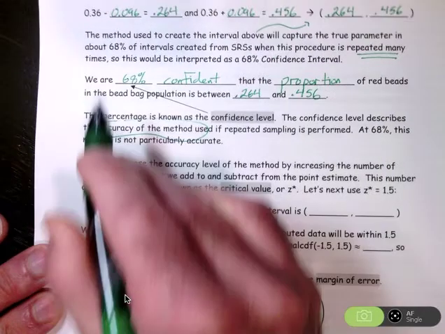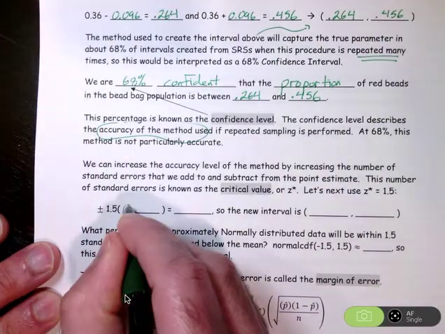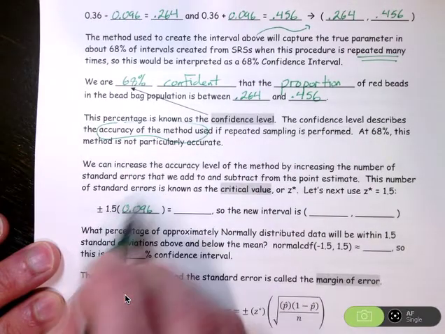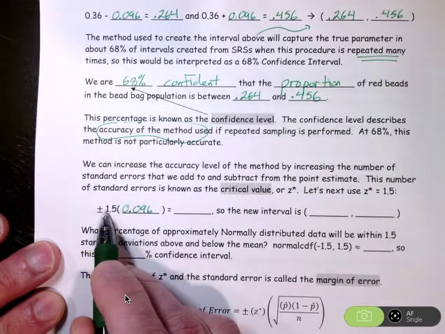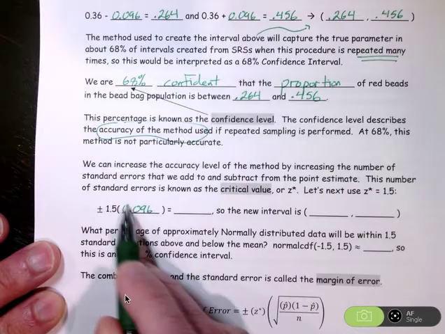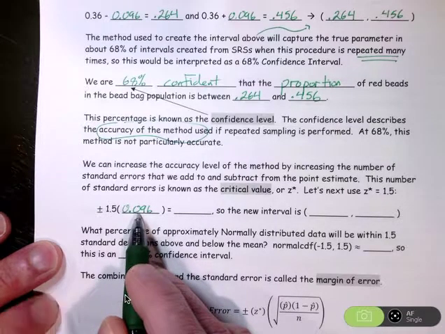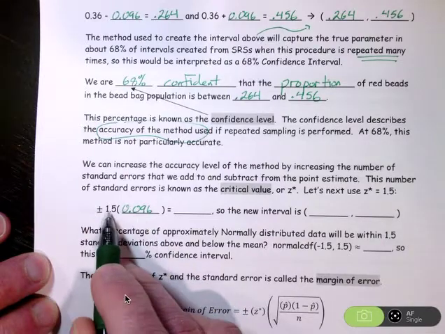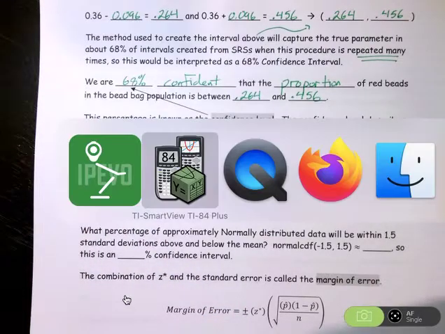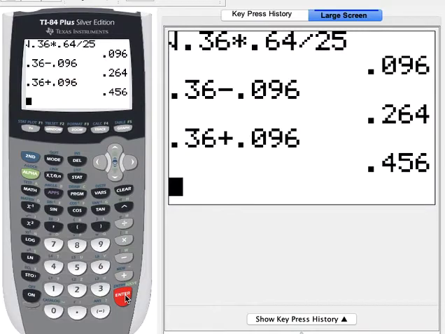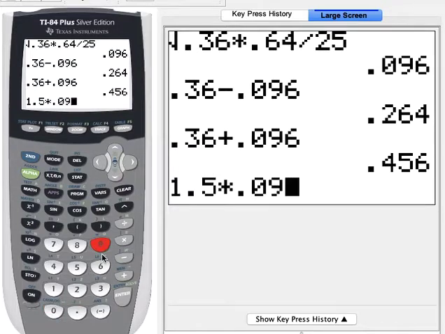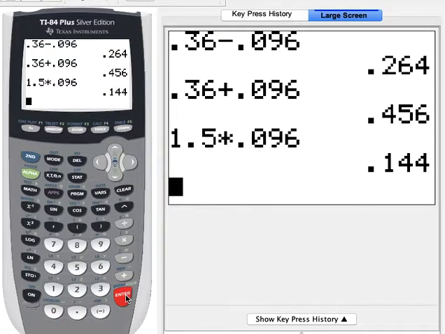So literally what that means is we're going to add and subtract 1.5 of our standard errors, which is 0.096, to and from the point estimate of 0.36. So 1.5 times 0.096 comes out to be 0.144.